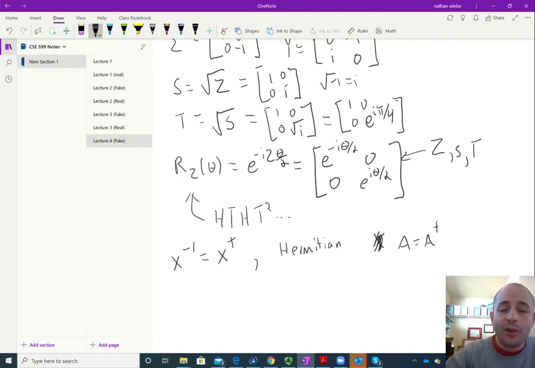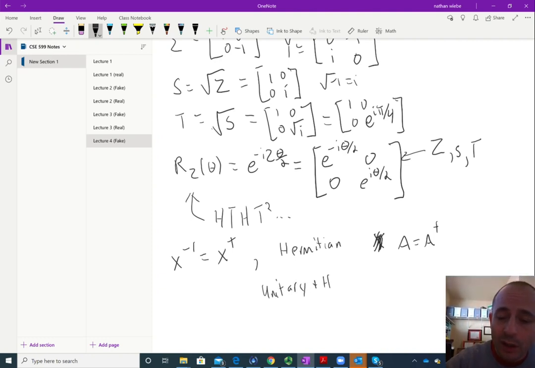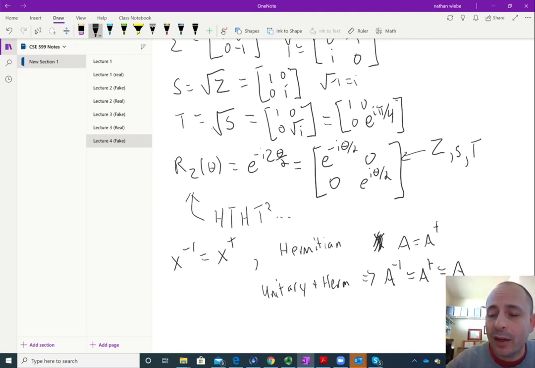So many of these operations are both unitary and Hermitian. Unitary and Hermitian implies A inverse equals A dagger equals A. So A equals A inverse, and also its transpose.